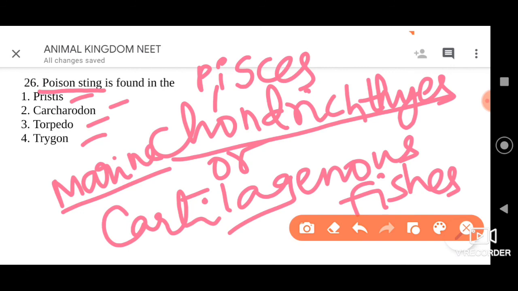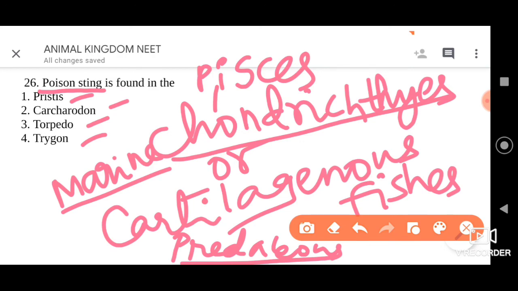When I say predaceous, please understand that they have the ability to catch and kill their prey and consume it as food. Their jaws are also very powerful. So these are a few characters of chondrichthyes which we should know, dear students.